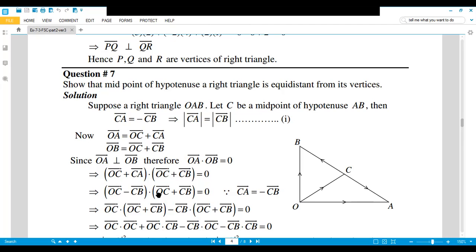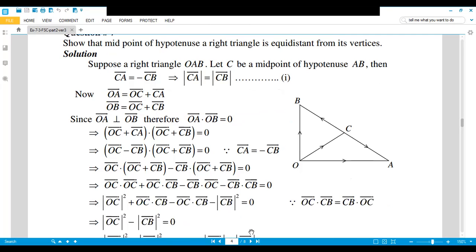So we take the dot product. When we take the dot product, CA is equal to minus CB, so we put the value of that. OC multiplied with this and then minus CB multiplied with the bracket. So OC dot OC, OC dot CB and minus CB dot OC, minus CB dot CB.